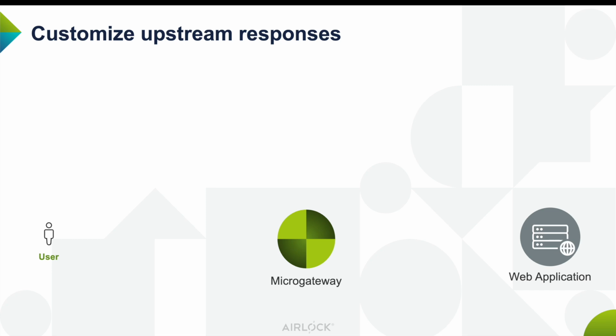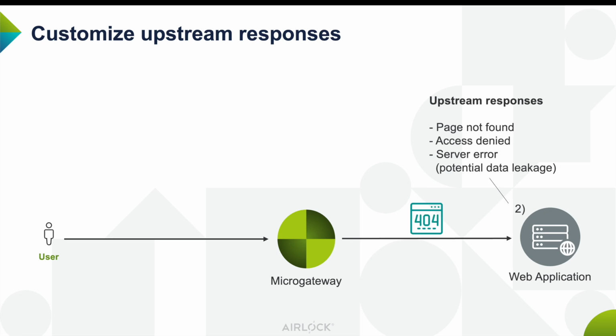As mentioned before, the other use case is to replace the backend response to prevent data leakage. The user sends a request to Microgateway for a website which is forwarded to the backend server. The backend server responds with an error page and leaks a stack trace with sensitive information. Now it's possible to configure a custom error page to prevent that sensitive information leak, and the same look and feel is in place.